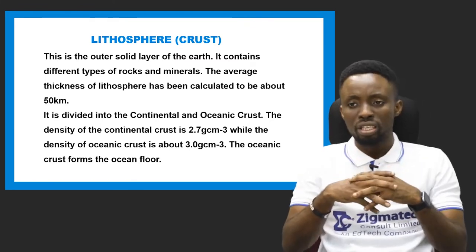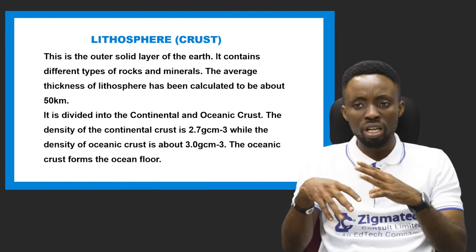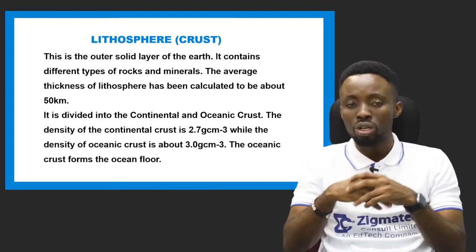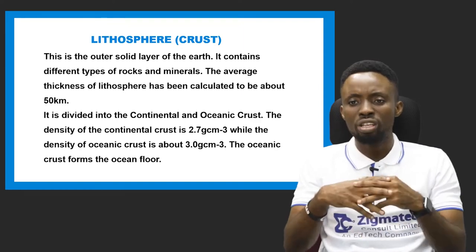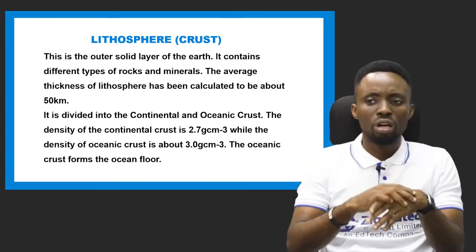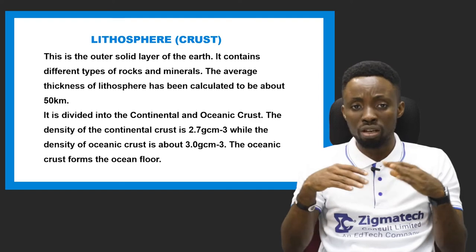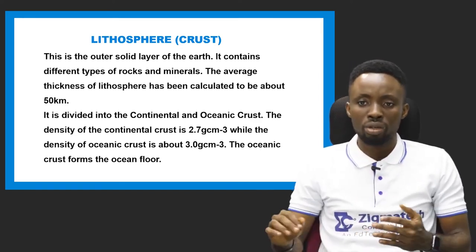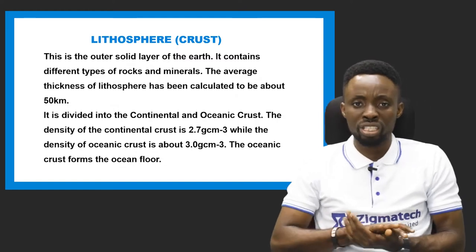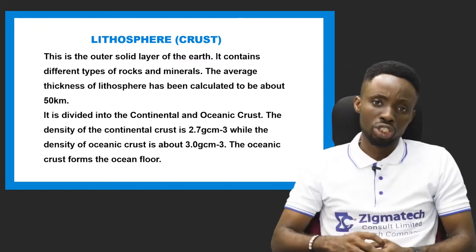Then the oceanic crust is 3.0 gram per cm cube, and we have the continental crust floating right above the oceanic crust, and the oceanic crust forms the basement of the ocean floor.